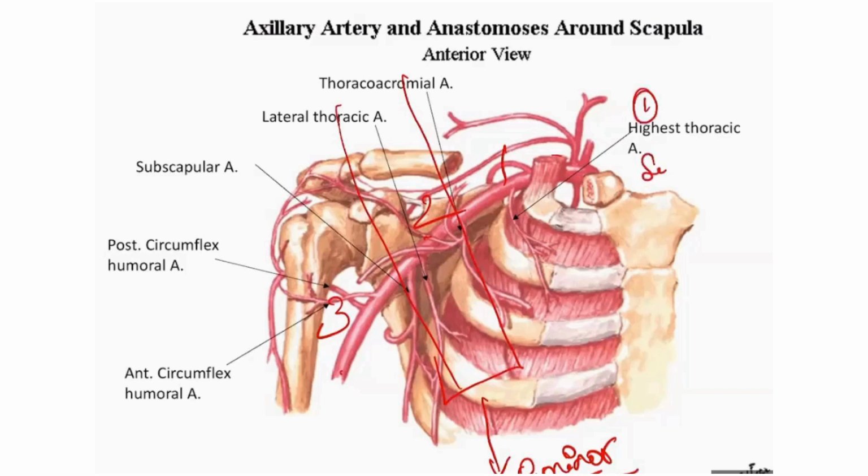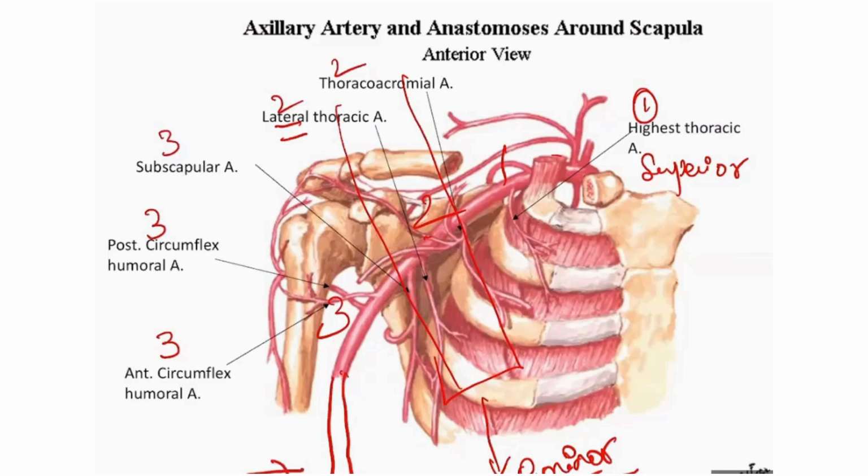First part, it is superior thoracic artery. Second part, lateral thoracic and thoracoacromial artery. From third part, subscapular, anterior circumflex, posterior circumflex. Totally 6 branches are given off from axillary artery. Axillary artery continues downwards as brachial artery on arm.